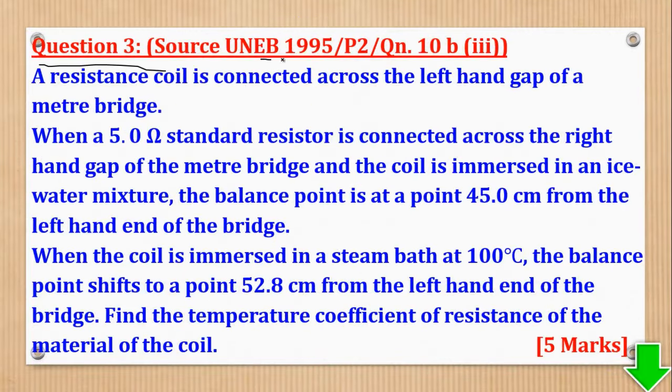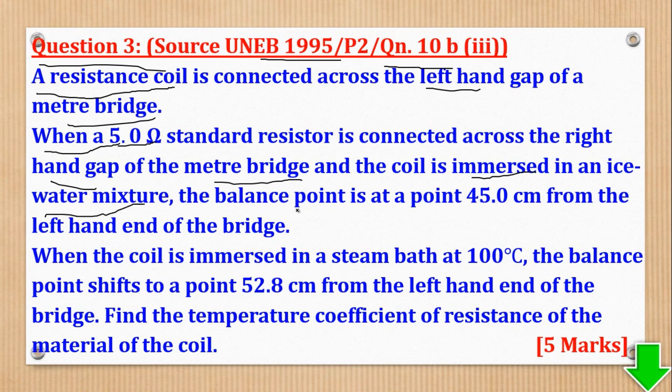Then question 3 came from UNEB 1995, paper 2, question 10b, Roman 3, and says, a resistance coil is connected across the left-hand gap of a meter bridge. When a 5 ohm standard resistor is connected across the right-hand gap of the meter bridge, and the coil is immersed in an ice-water mixture, the balance point is at a point 45 centimeters from the left hand end of the meter bridge.